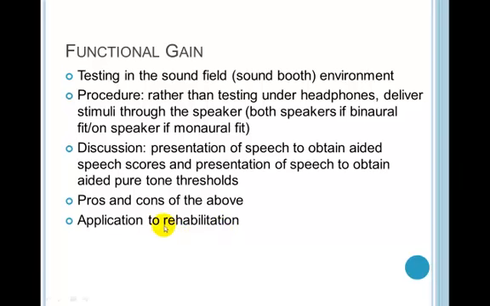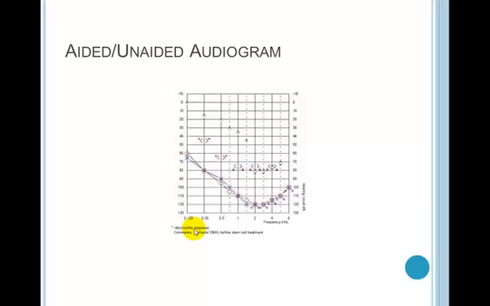So it's great for comparison of older hearing aids to newer hearing aids or different types of hearing aids. So that covers functional gain. These are verification of how this individual is doing with hearing aids, and this is objective. It's measurable. There's some patient bias, but observer judgment doesn't apply.